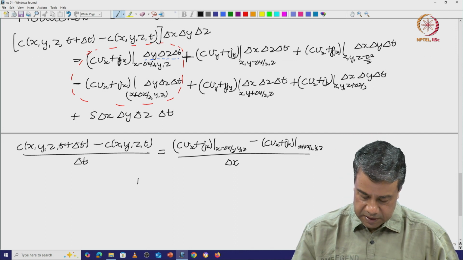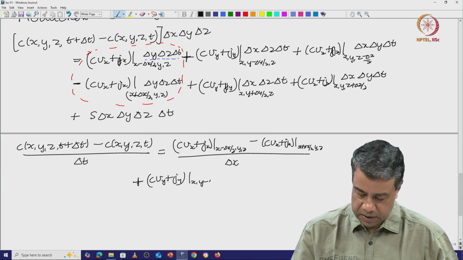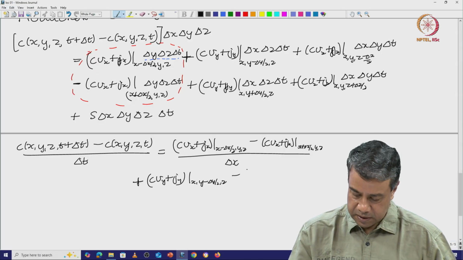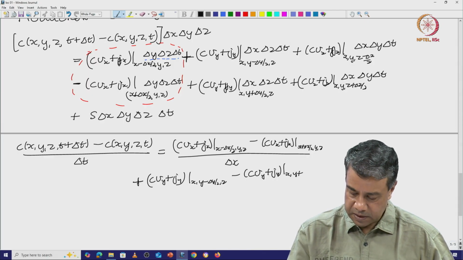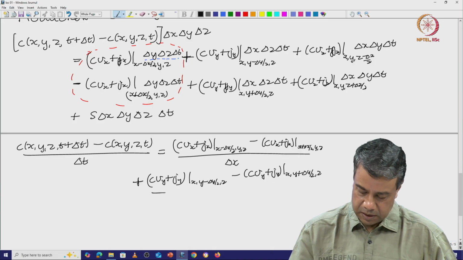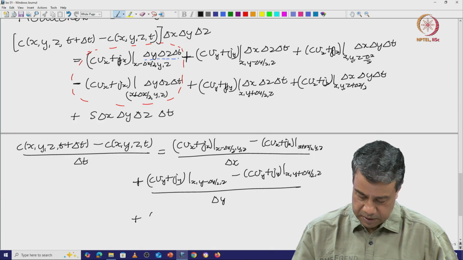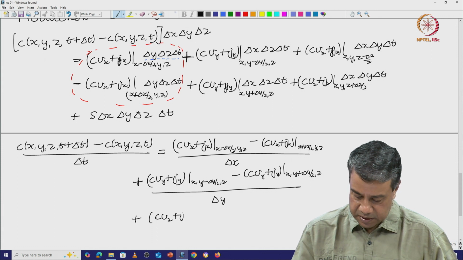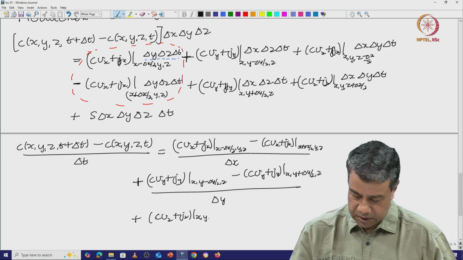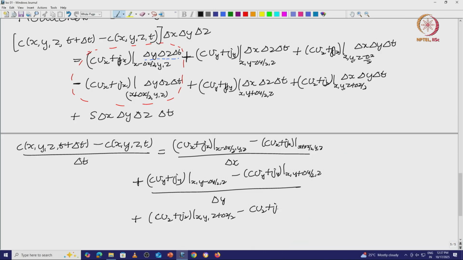Plus the second term, you can write it quite easily: C Vy plus Jy at x, y minus delta y by 2, z, minus C Vy plus Jy at x, y plus delta y by 2, z, divided by delta y, plus C Vz plus Jz at x, y, z minus delta z by 2, minus C Vz plus Jz at x, y, z plus delta z by 2, whole divided by delta z.